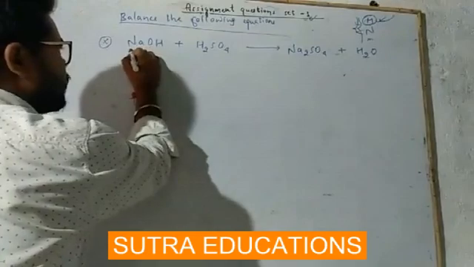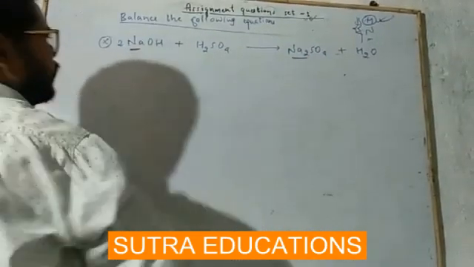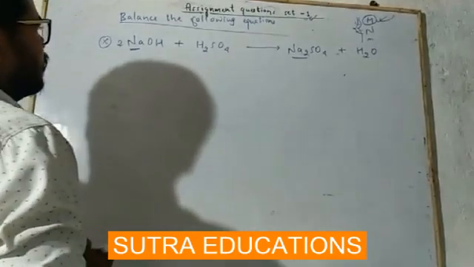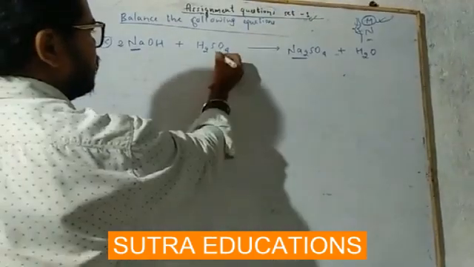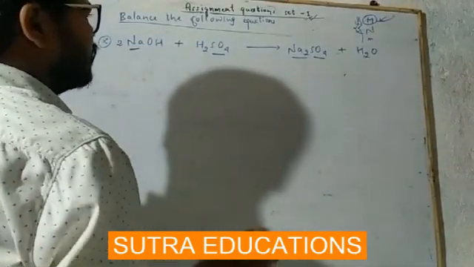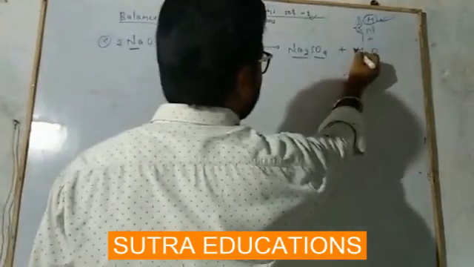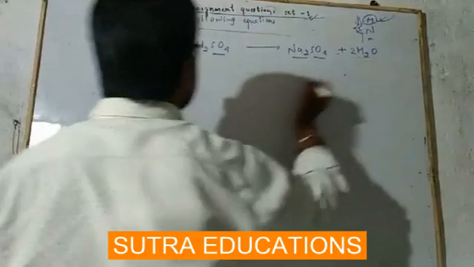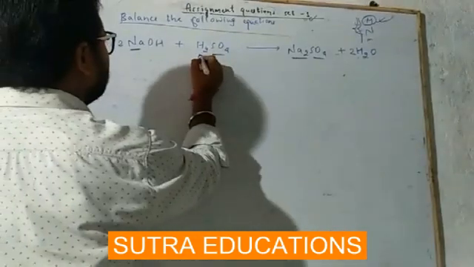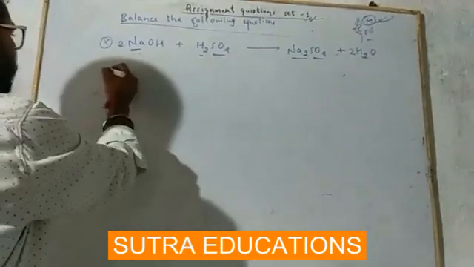So first the valence metal sodium is 2, so multiply here by 2. Then again sulfate SO4 is 1, SO4 is 1, it is already balanced. Then just look for the oxygen and hydrogen. 2 multiplied by 2, hydrogen is equal to 4, so here it is 2 plus 2, 4. The reaction is balanced. Come to 11.